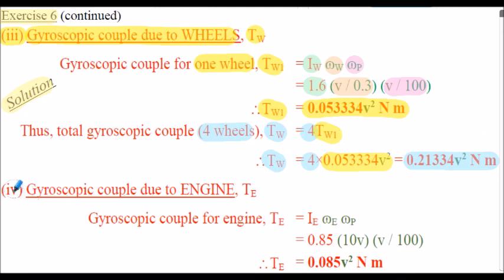Step 4, we've got to calculate the gyroscopic couple for the engine, labelled as TE here. So TE is equal to the moment of inertia of the engine multiplied by the speed of the engine multiplied by omega p. So inserting the values, we calculate the gyroscopic couple for the engine, again in terms of v squared.